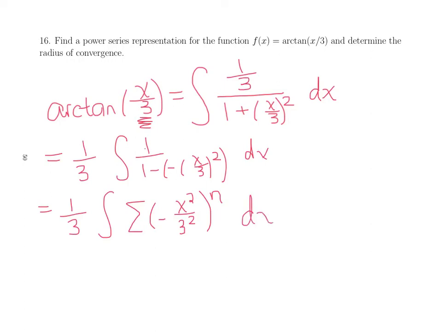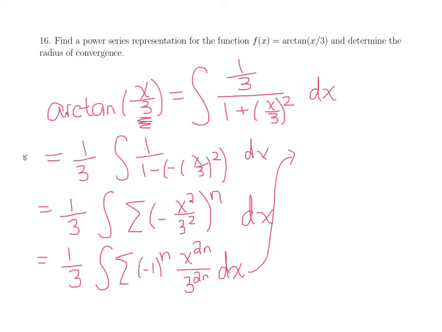That's our power series representation, because we're 1 minus this junk here, and that's the junk that we plug in, raised to the n. So we'll put our 1/3 outside. We'll simplify this before we integrate it. This is negative 1 to the n, x to the 2n over 3 to the 2n.